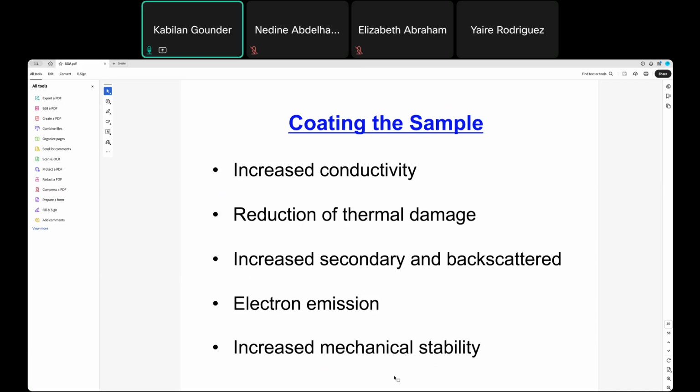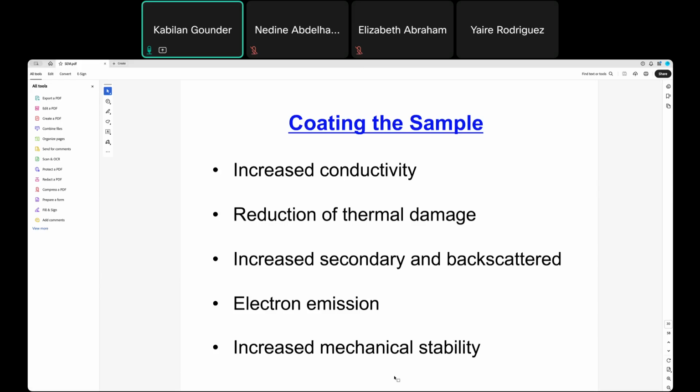For that, it requires coating your samples. When you coat the samples, the gold particles are sprayed on the surface, which increases the conductivity of electrons.